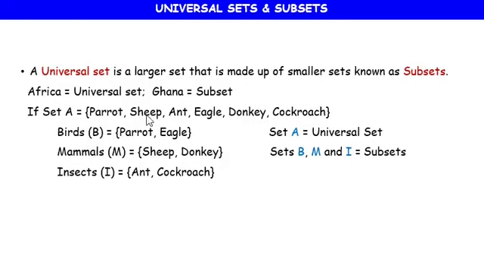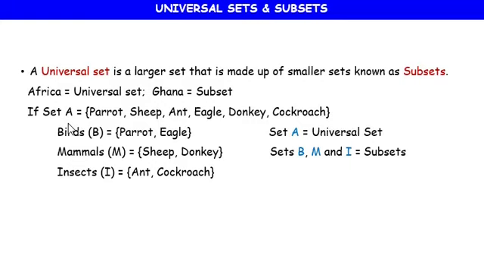First of all, each and every member within the set is a subset of set A. So parrot is a subset of set A, sheep is a subset of A, ant is a subset of A, eagle is a subset of A, donkey is a subset of A, cockroach is a subset of A. But we can also have subdivisions within this wider set based on what the members have in common. So we can look at more close characteristics between the members of the set.